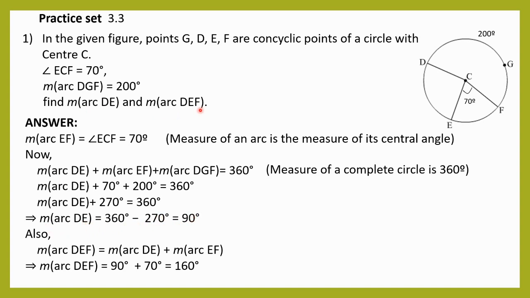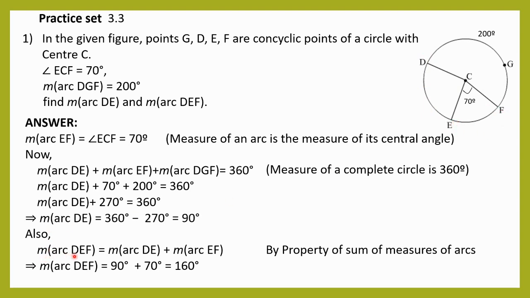Also, now the third part is we have to find out measure arc DEF. If you see in the figure, measure arc DEF is measure arc DE plus measure arc EF.